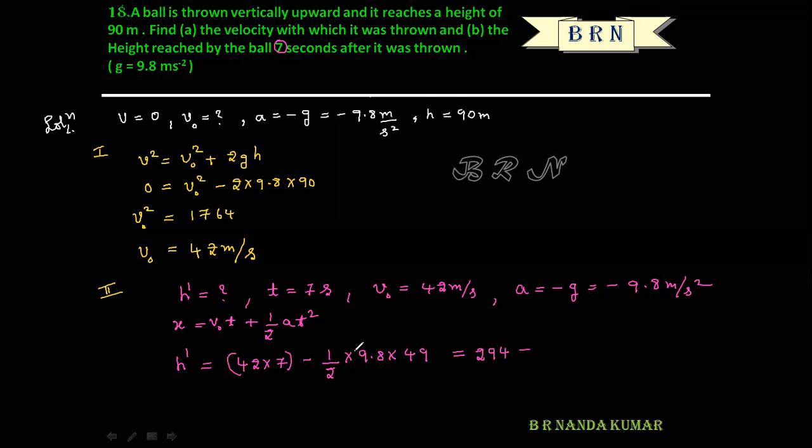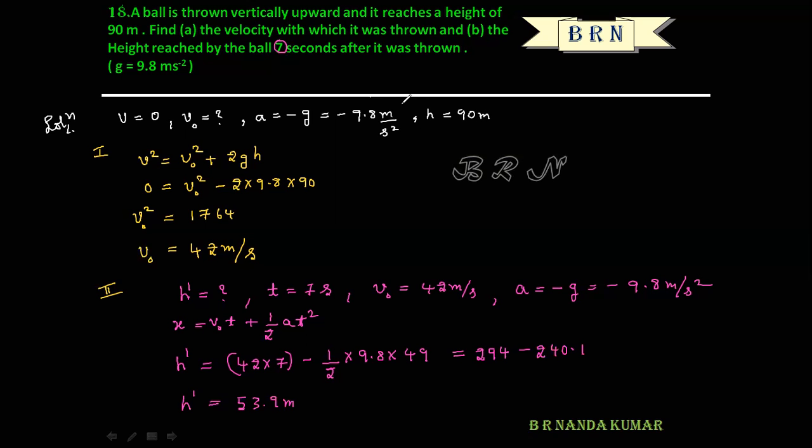So that is 240.1. So H dash is equal to 294 minus 240.1. So 53.9. 53.9 meter.